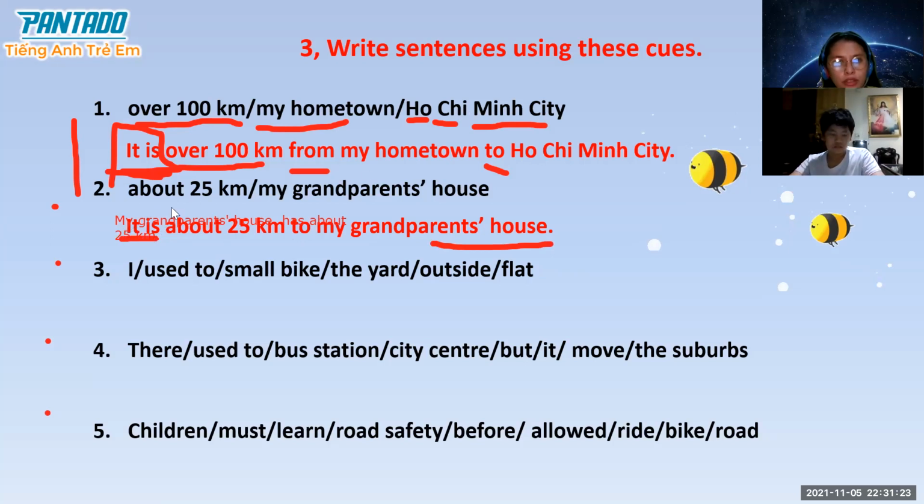How about number three? Here we're using used to, so we don't need to use used to again. The cues are: I used to, small bike, the yard, outside, flat. What sentence can you make out from those slashes?